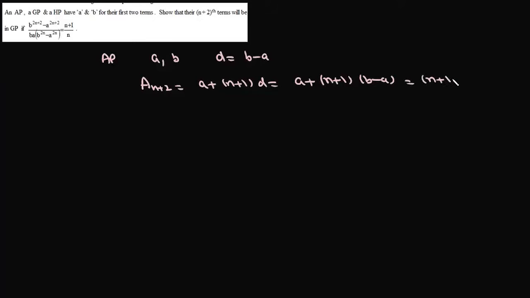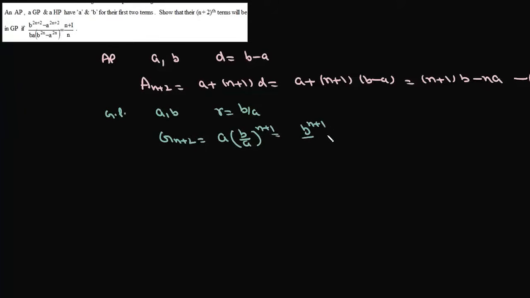We can write this as (n plus 1)b minus na, and that's our first result. Now for this GP, the first two terms are again a and b, so in this case the common ratio is b by a, so its (n plus 2)th term will be a into r to the power n plus 1, so it will be b to the power n plus 1 upon a to the power n.